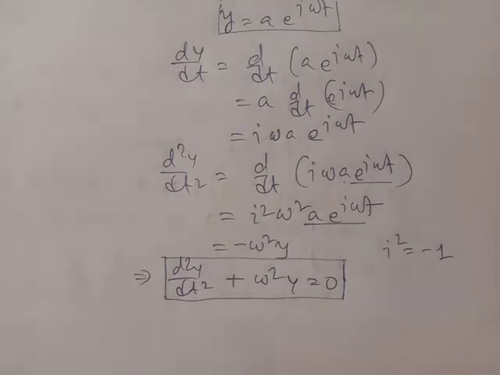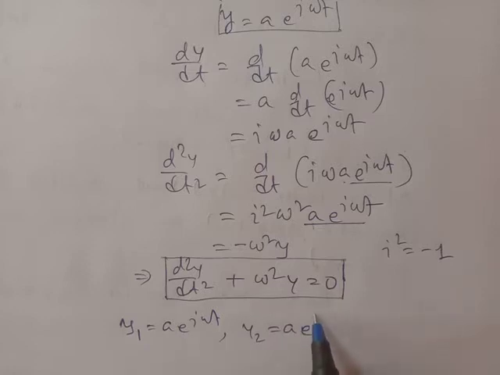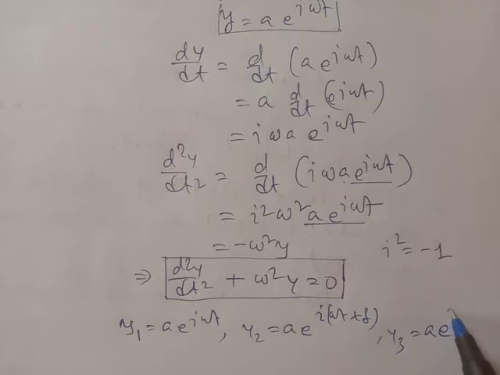Let us consider n number of harmonic oscillations represented by, suppose y1 is equal to a e to the i omega t, y2 is equal to a e to the power i omega t plus delta, and y3 is equal to a e to the power i omega t plus twice delta, and yn is equal to a e to the power i omega t plus n minus 1 delta.